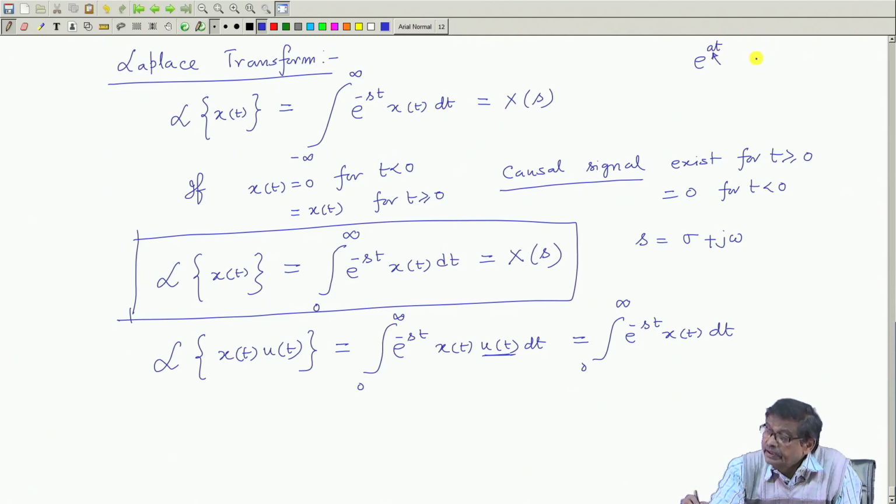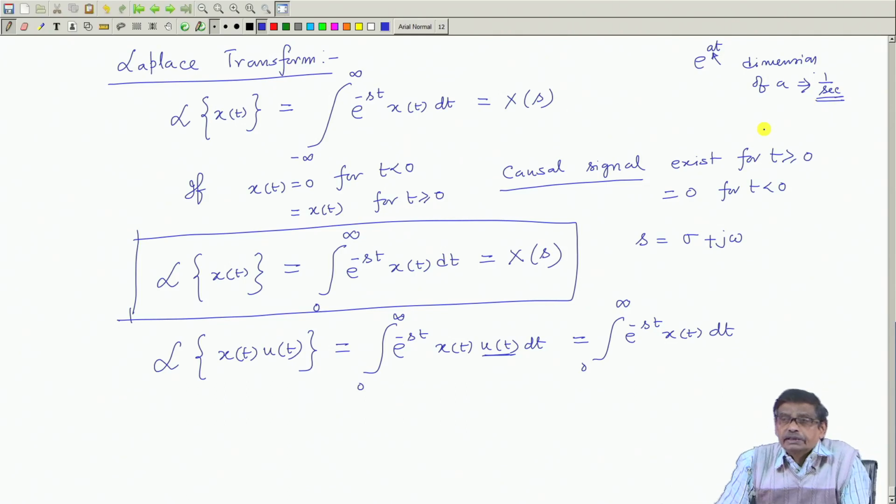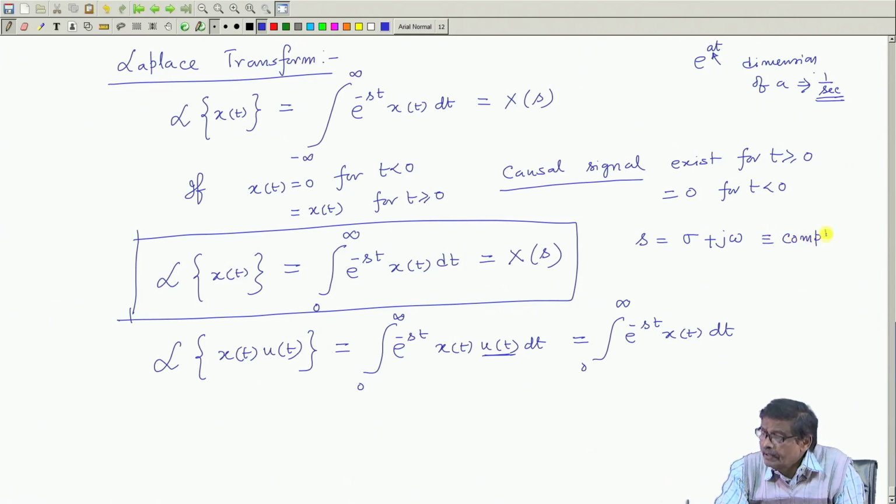Dimension of a is 1 by second, is not 1 by second, sort of frequency. 1 by second is frequency. So, this s is called a complex frequency. And it is a complex number.